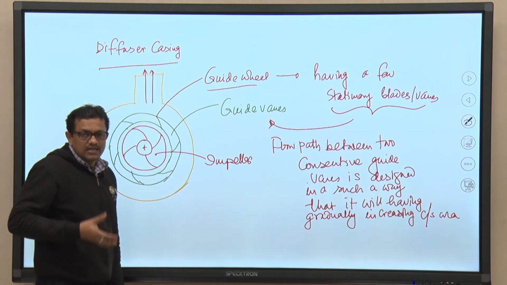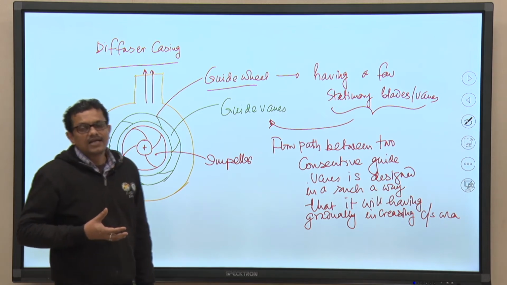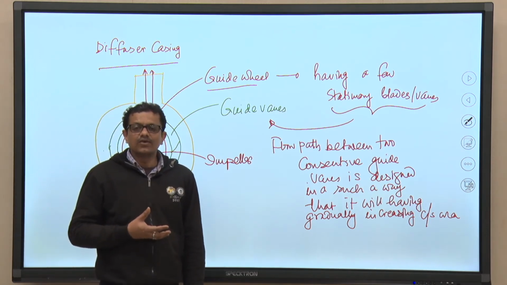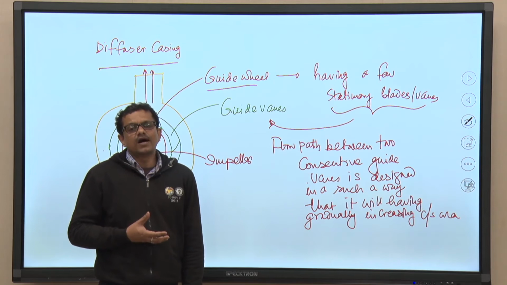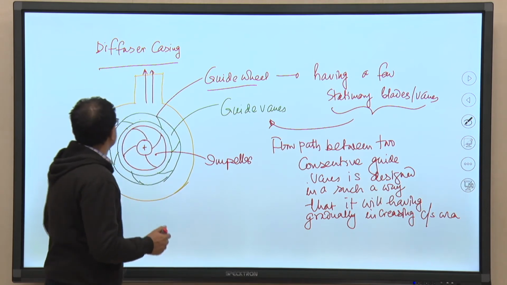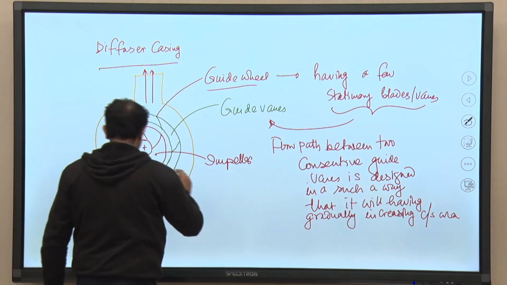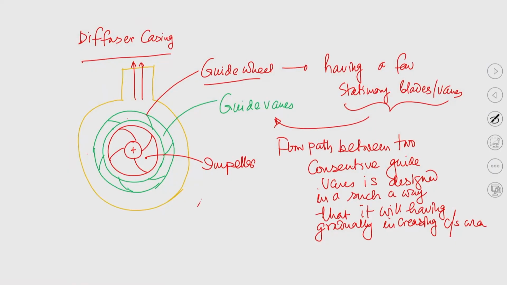So, it is not expected that this type of casing will be able to develop high head, and that is why this diffuser casing is suitable for low or lower head, used for lower head. Okay. So, this is very important, at this point you should know.